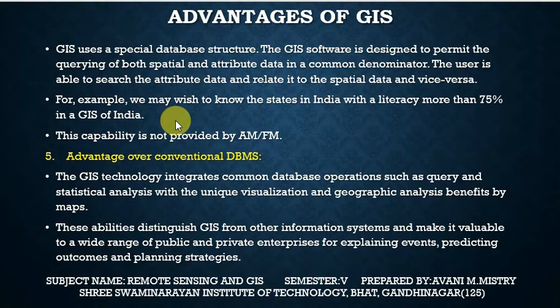The next is advantages over the conventional database. The GIS technology integrates common database operations such as query and statistical analysis with the unique visualization and geographic analysis benefits offered by maps.